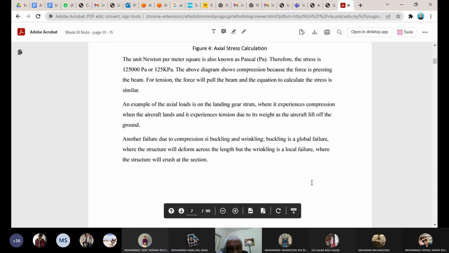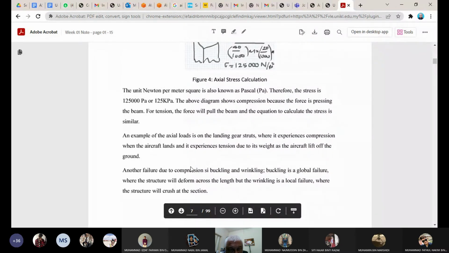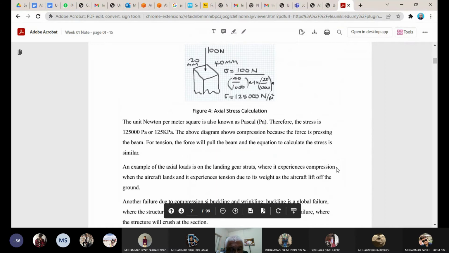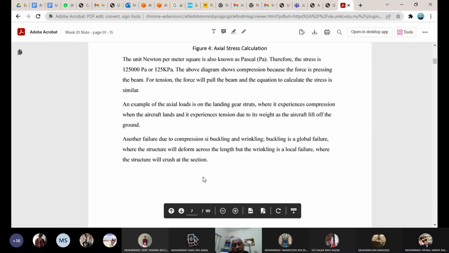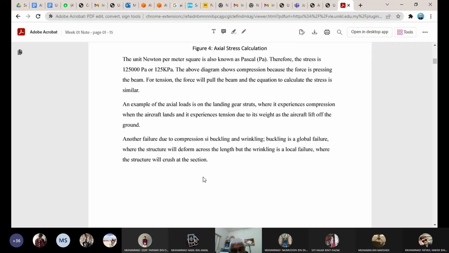Okay, and for load there is another failure. If you compress, it squashes, and you can cut the material into two. Also you can pull, and cut it into two. There is also another failure, not really related but always used: buckling and crippling. Buckling is when you apply load on the structure and it starts to bow or deform sideways.